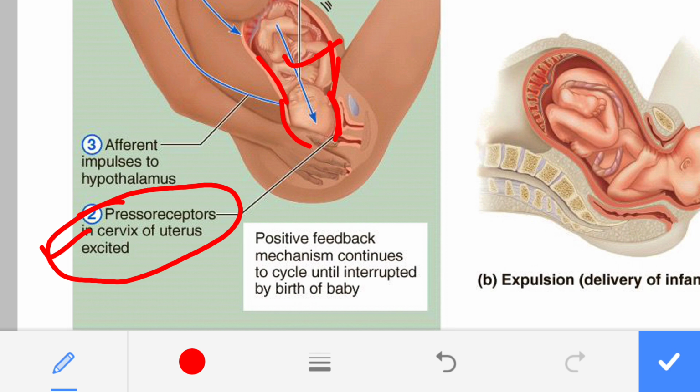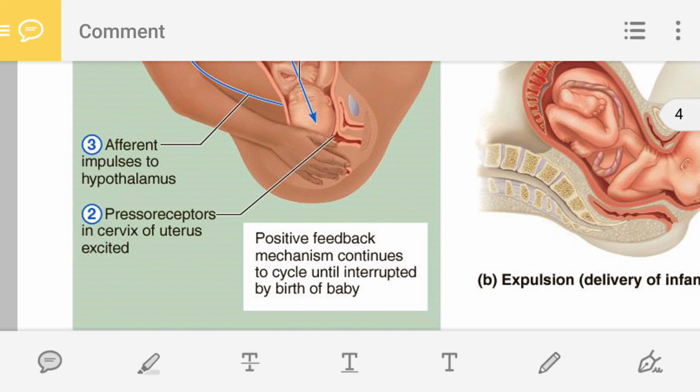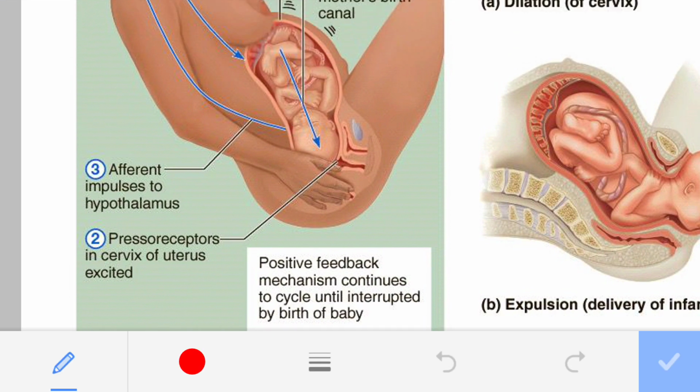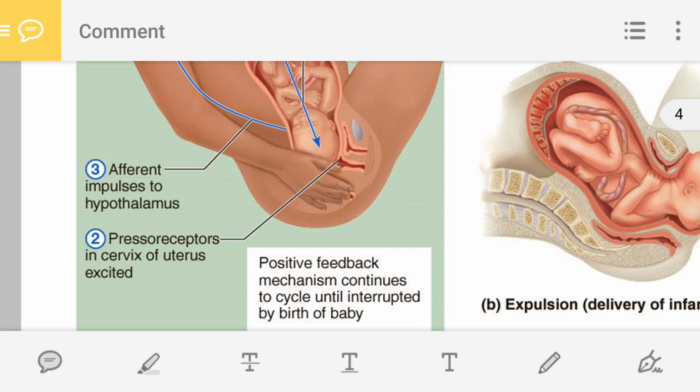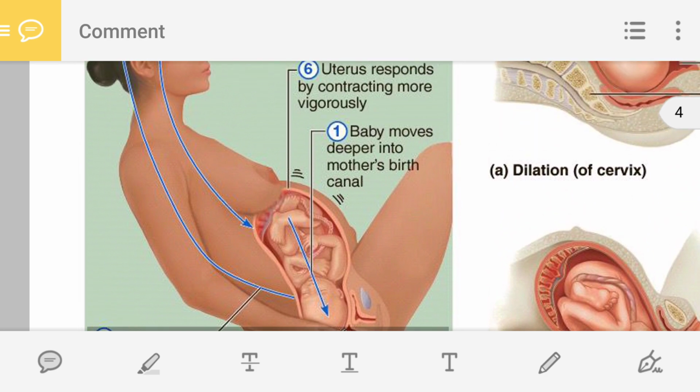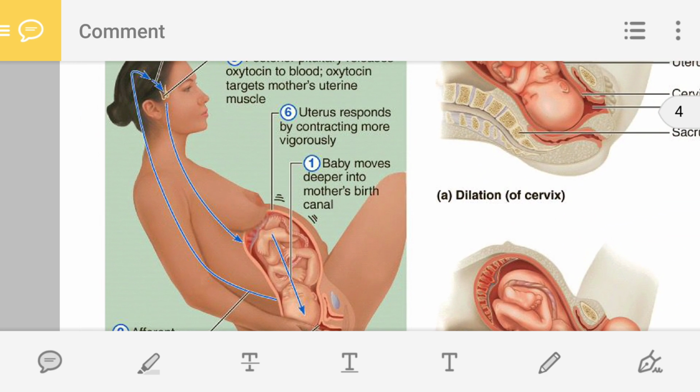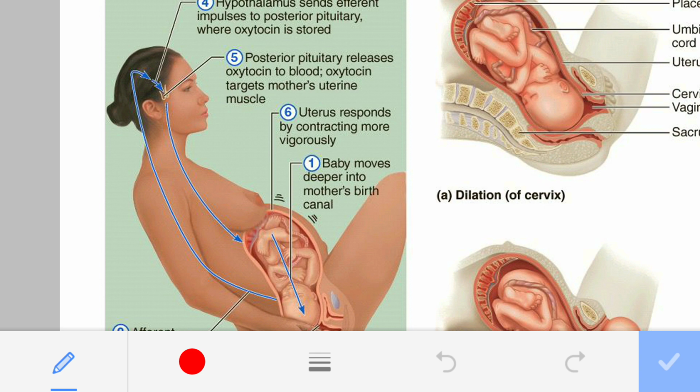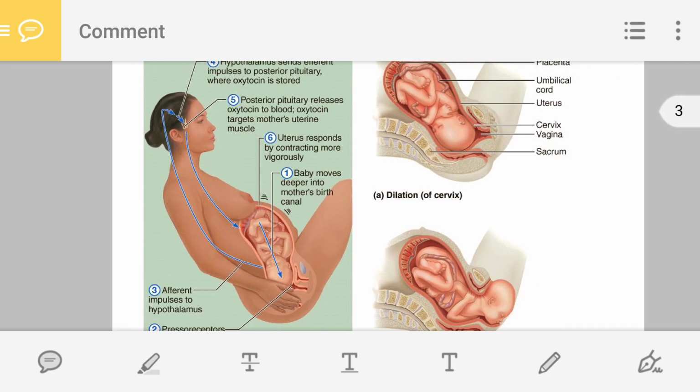In the cervix there are pressure receptors. These pressure receptors are excited, and the cells of the pressure receptors generate nerve impulses. From the cervix and the uterine wall, as you can see with this blue line, the nerve impulse reaches the hypothalamus.